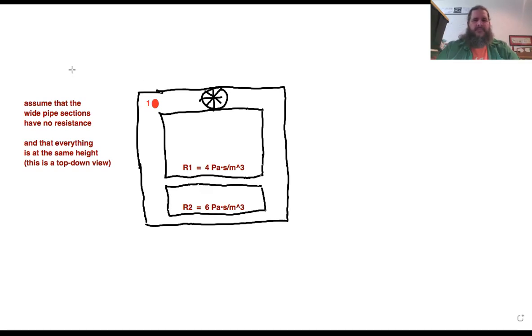There are 2 loops you could draw. Yeah, we could draw from 1 through the pump and through one of the resistors. But we could also draw another loop from point 1 through the pump and through the other resistor.